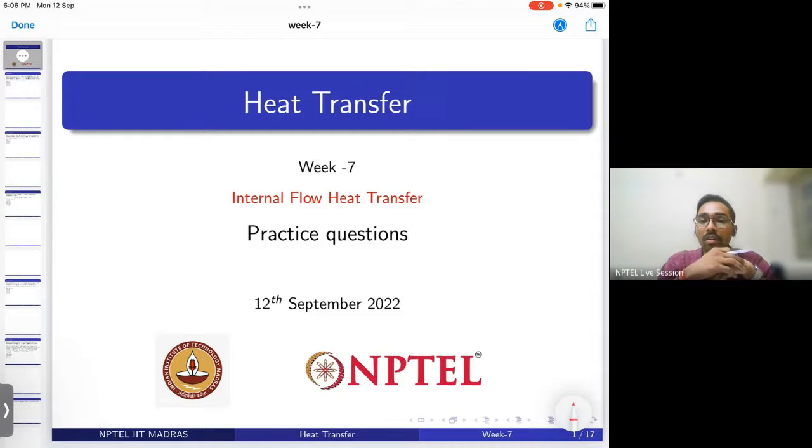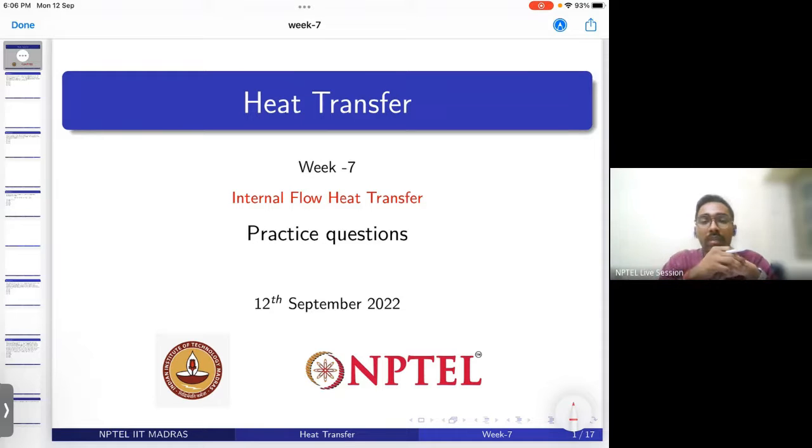So for defining the thermally fully developed conditions, we defined a non-dimensionalized temperature, and we took the variation of that non-dimensionalized temperature with respect to x. If it is equal to 0, we consider it as thermally fully developed.